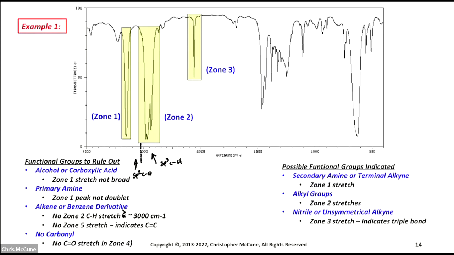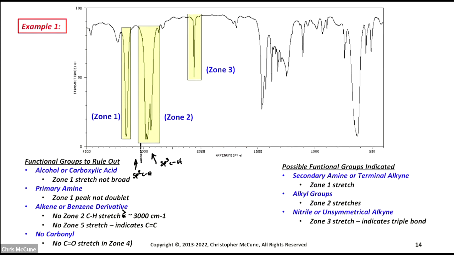Okay, so I don't see any stretch greater than 3000 at all. There's no carbonyl stretch, and that's because you don't have anything in the range of zone 4. It's completely empty. Okay, so there's no carbonyl at all.